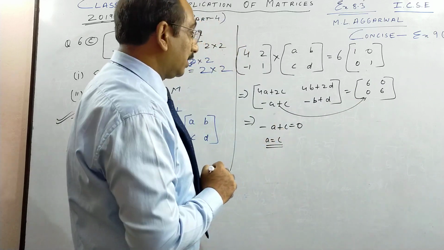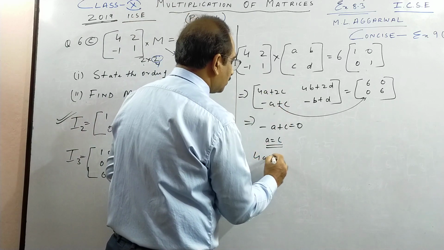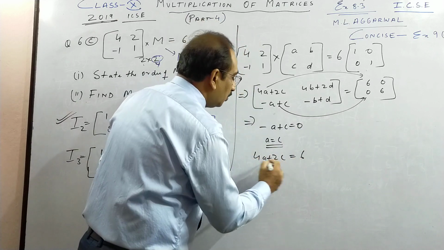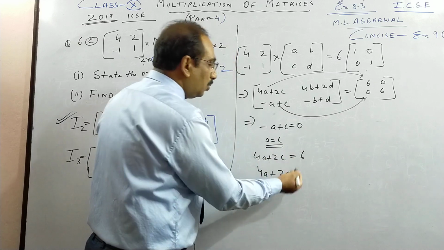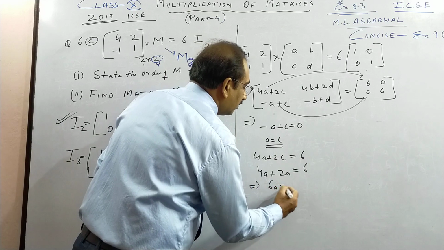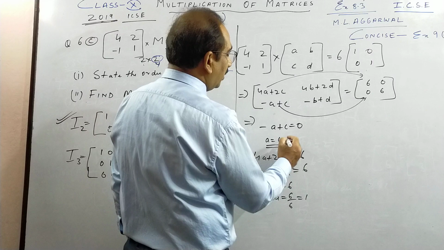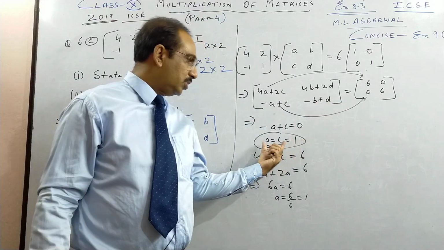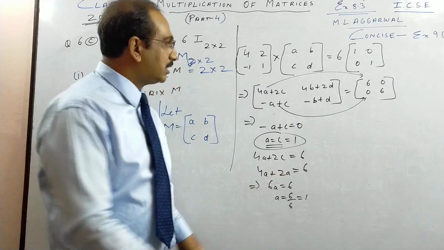Now come to the one above: 4a plus 2c, whose corresponding element is 6. In place of 2c, since they are equal, you write 2a, so you get 6a equal to 6, and a is 1. So when a is 1, c is also 1.